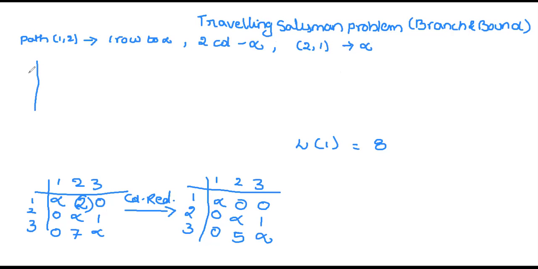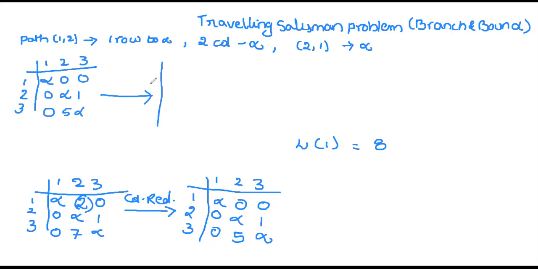So the matrix is 1, 2, 3, 1, 2, 3. This is the matrix here: infinity 0, 0, 0, infinity 1, 0, 5, infinity. From this matrix, what we need is the first row.